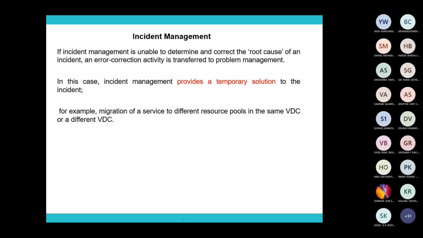Suppose one server fails. Immediately the temporary solution is that we need to migrate the virtual machine running on that server to another machine. That is a temporary solution. Then immediately after that, you have to find the root cause of that server, or you have to replace it with some other server.